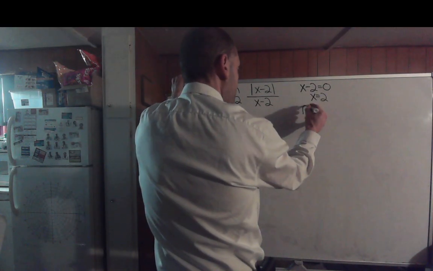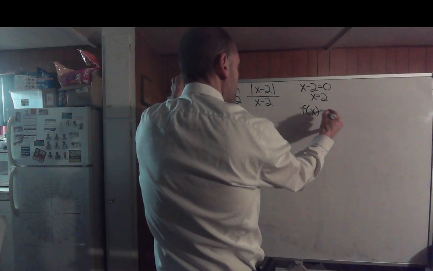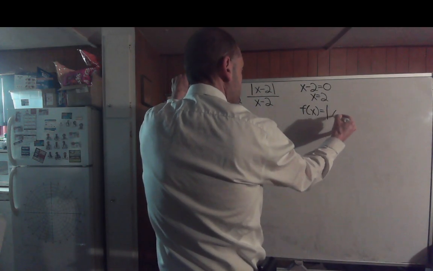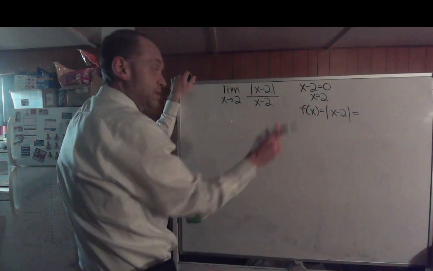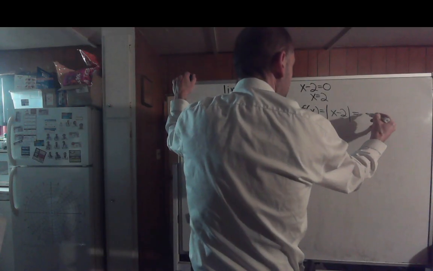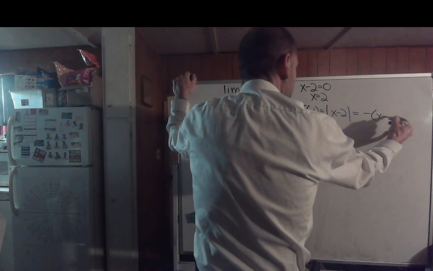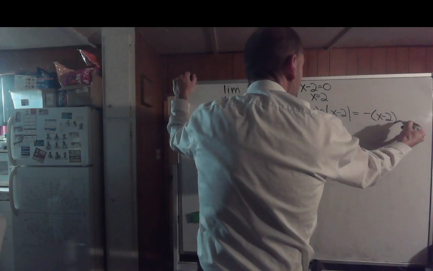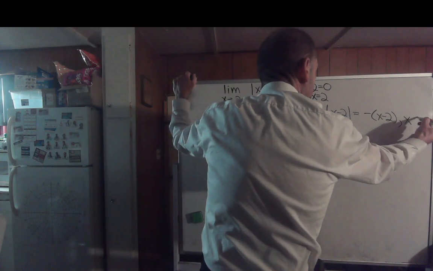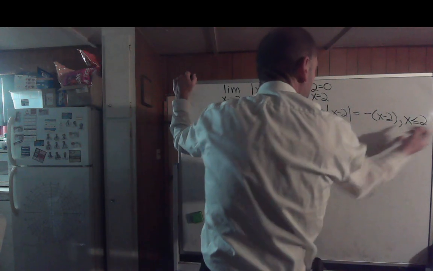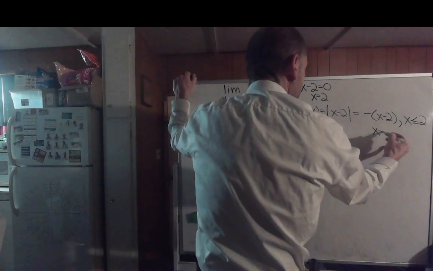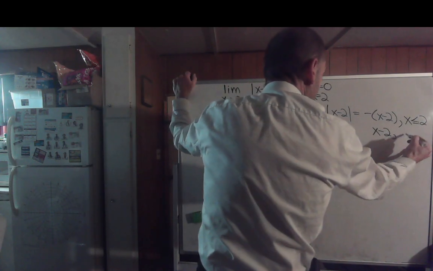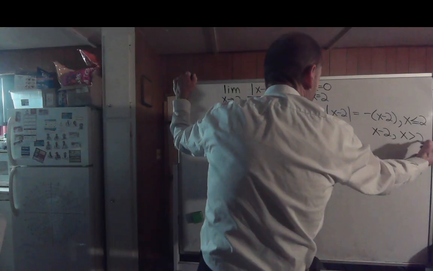It means that if f of x equals the absolute value of x minus 2, that is a piecewise function defined by the negative of x minus 2 when x is less than or equal to 2. And then it's defined as the positive of x minus 2 when x is greater than 2.